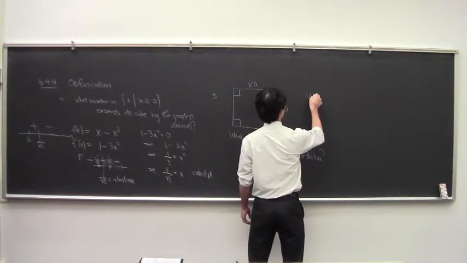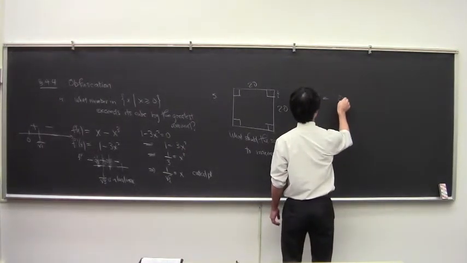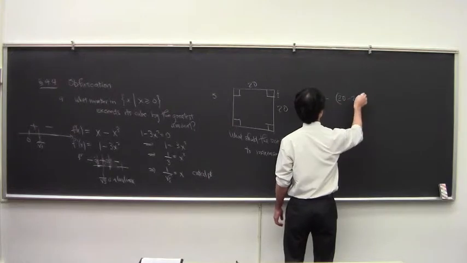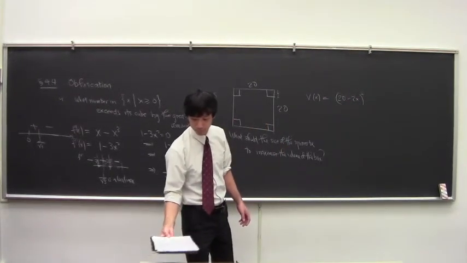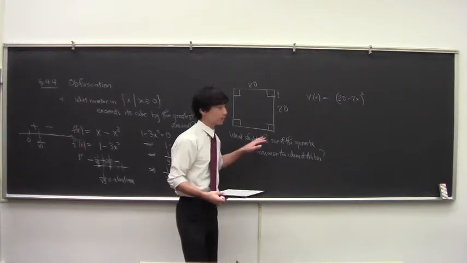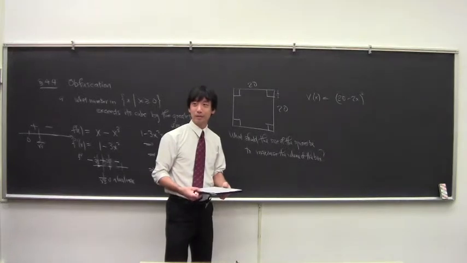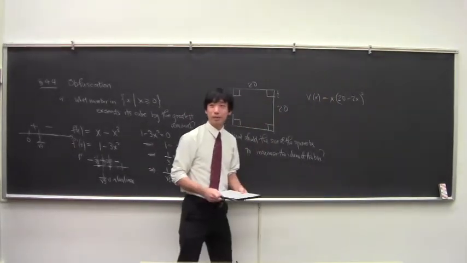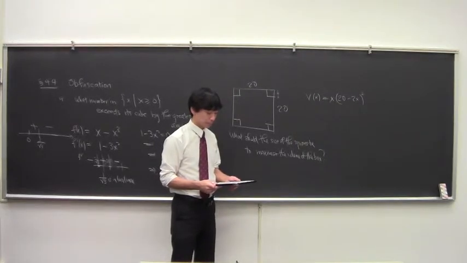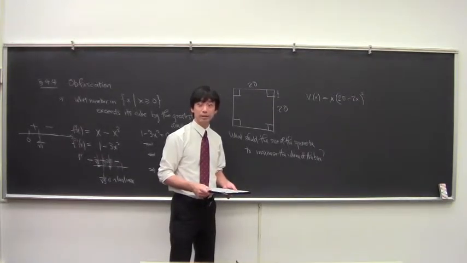The volume is going to be some function of x. It's going to be, in fact, 20 minus 2x quantity squared. Wait, is that the box? That's just the area of the base. So that's times x, times the height.